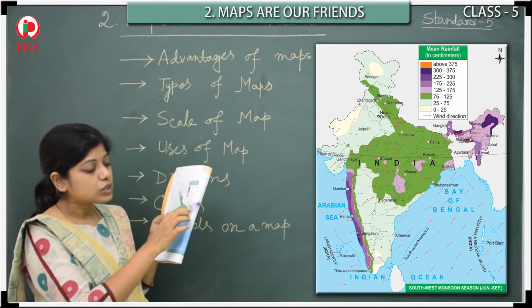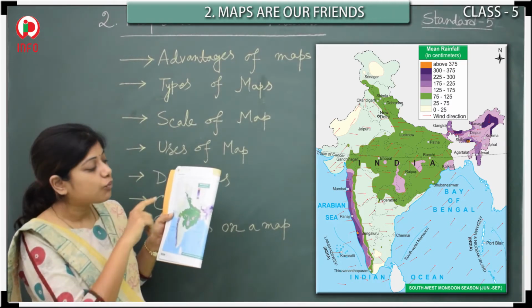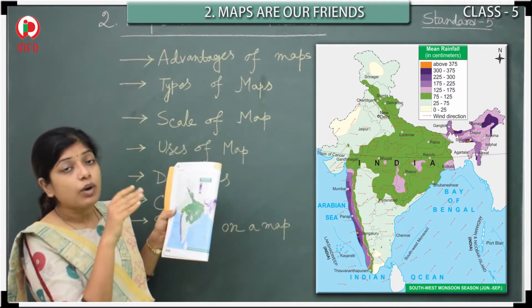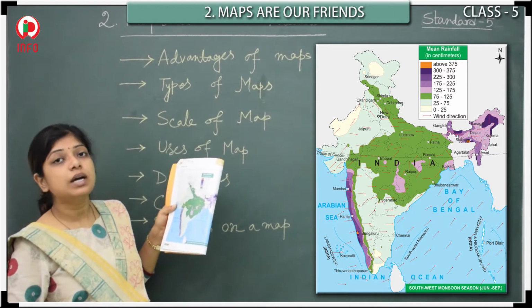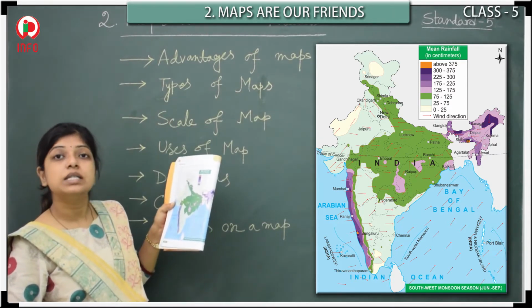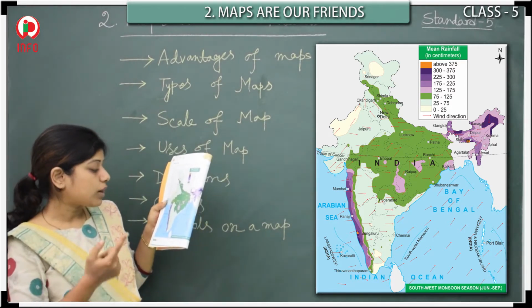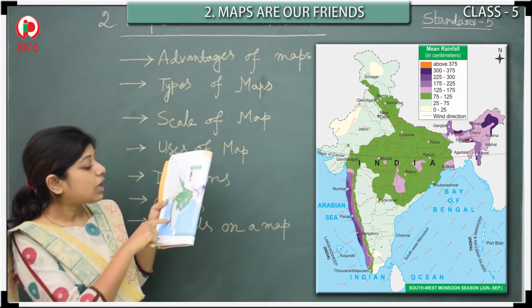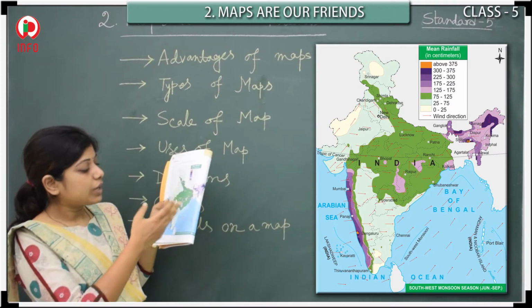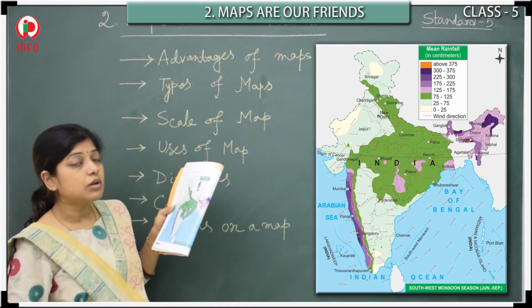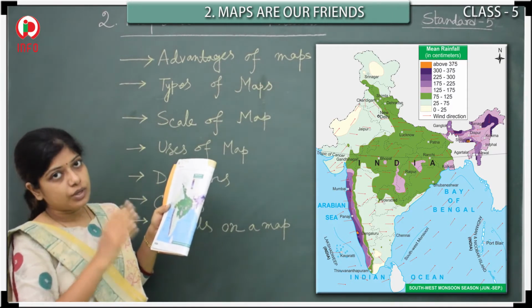That's why this is indicated with this color. And what is the amount of this color? It should be above 375 centimeters. Yes, and one more region is there in the western coastal region. So in this way you can understand the different rainfall.